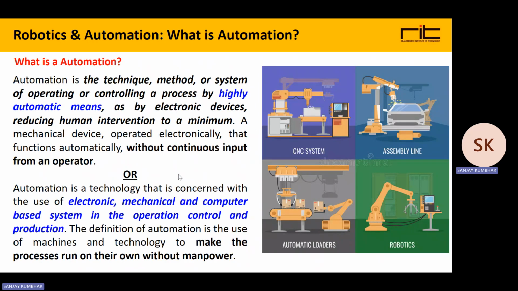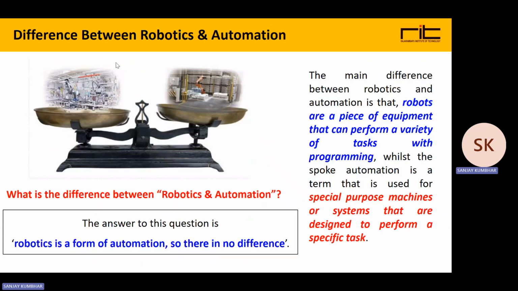Now, what is automation? Because it is robotics and automation. Automation is the technique, method, or system of operating or controlling a process by highly automatic means or by electronic devices. In our day-to-day life, we are utilizing automation technology. When we enter any mall, the door automatically opens when you come in front of it. Such automation we use daily.